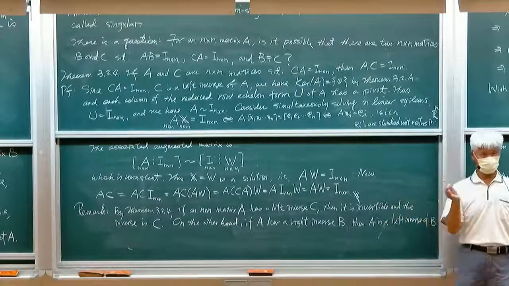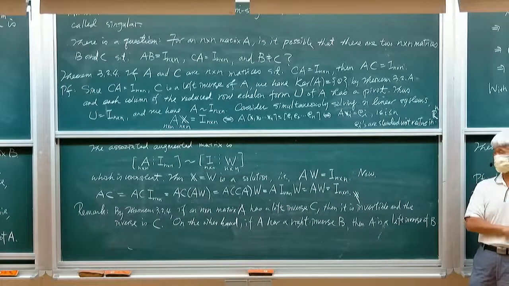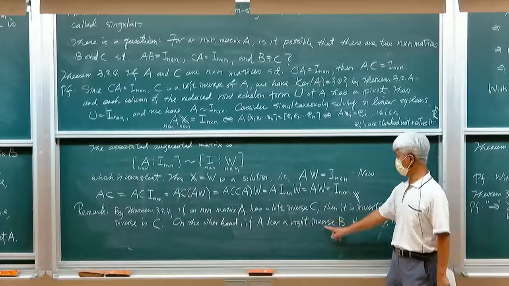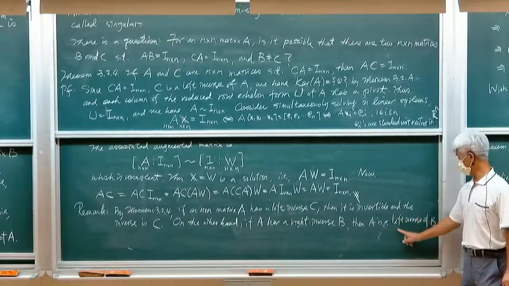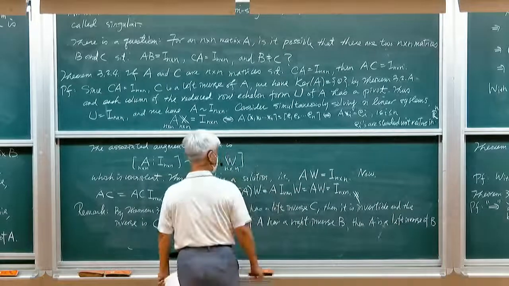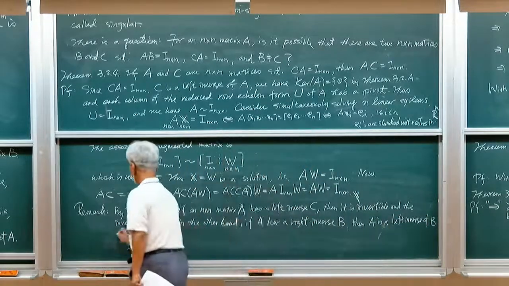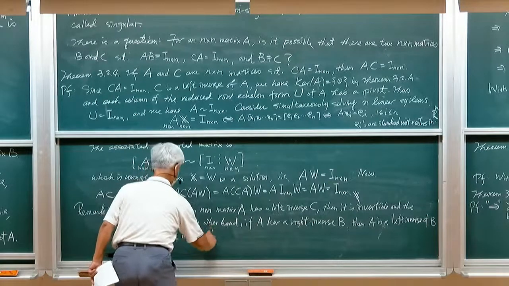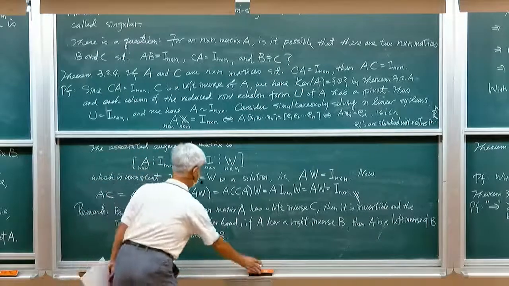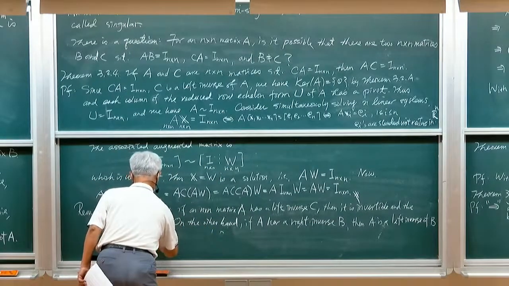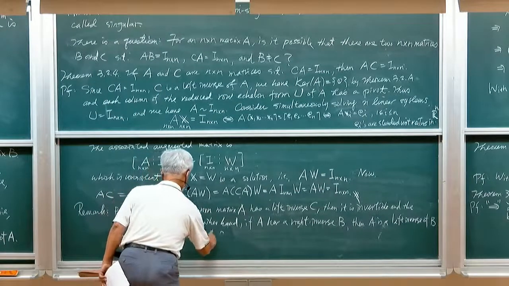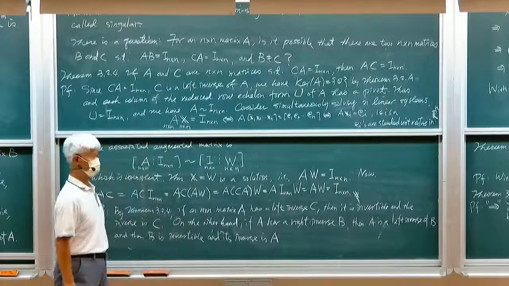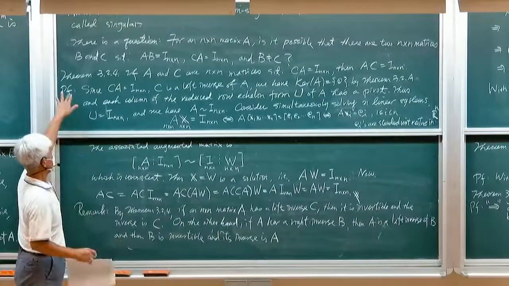Because they are equivalent, as I said at the beginning of today's lecture: B is a right inverse of A is the same as saying A is a left inverse of B. So A is the left inverse of B, and then A is the inverse of B. So B is invertible, and its inverse is A, by the theorem here.